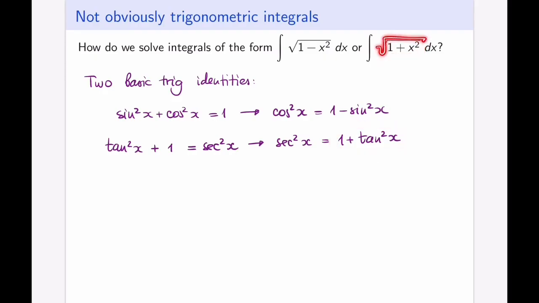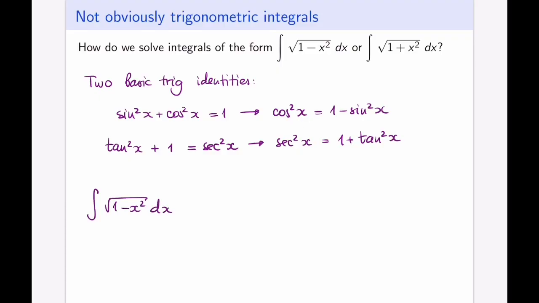And again, taking the square root is not even going to be detrimental here, because if we replace the right-hand side with the left-hand side here, the square root and the square simply get cancelled, producing a reasonable expression of simply secant x.